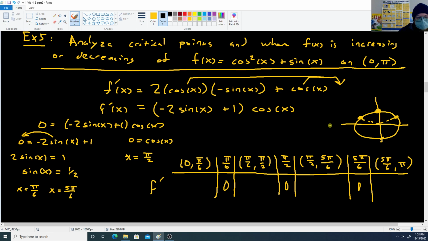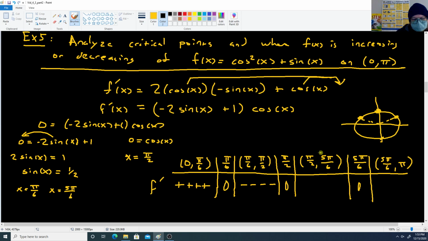Okay, so I need something between 0 and pi over 6. So I'm going to use pi over 10. And that gives me a positive value back. So we're going to say we start out as positive. I need something between pi over 6 and pi over 2, so I could use pi over 3. And we have switched over to negative.